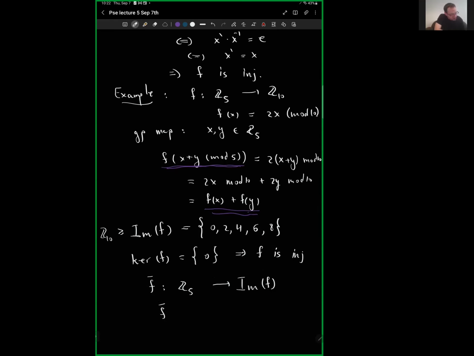F bar is injective because F was injective. Plus, it's surjective because any function is going to be surjective onto its image. Plus, of course, it's also a group map.